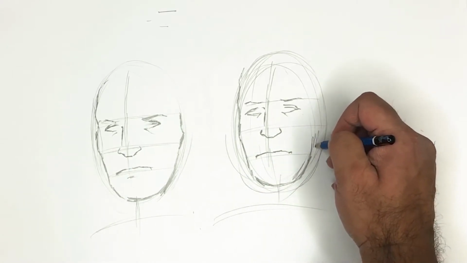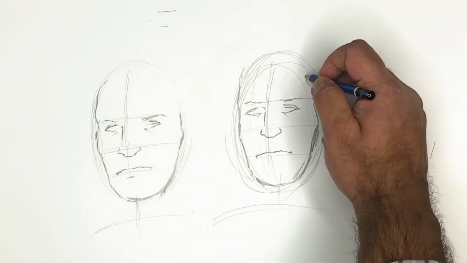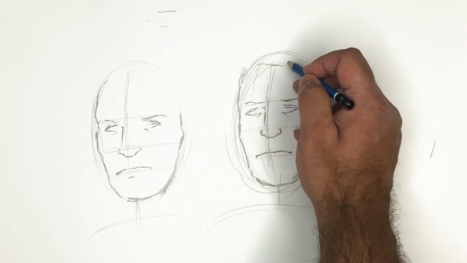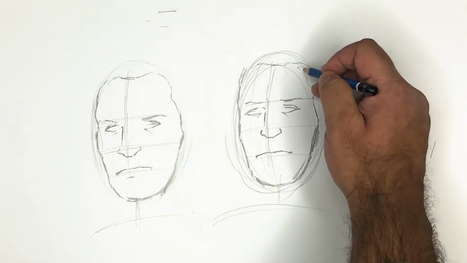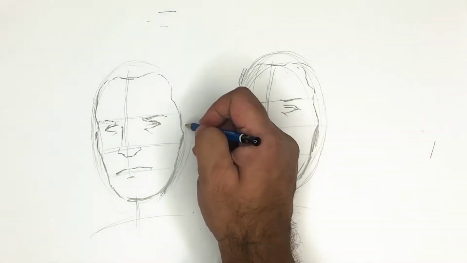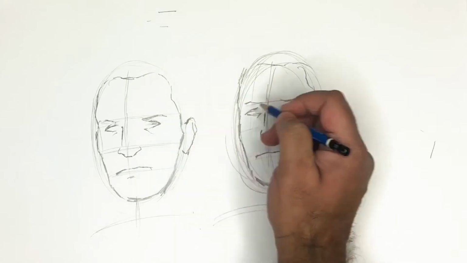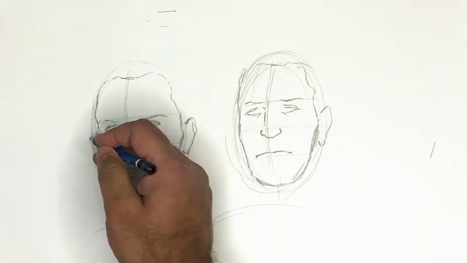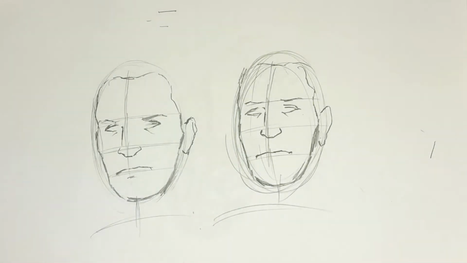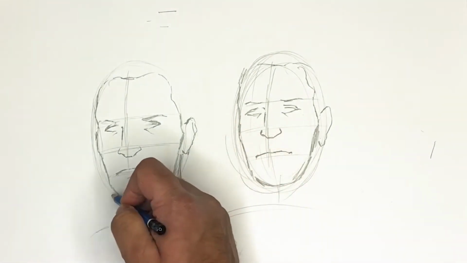Should be again more or less the same, because after all we are comparing, but they do not have to be the exact same thing. Let's say the ear on the other end is not very much visible, so we'll just leave that out.